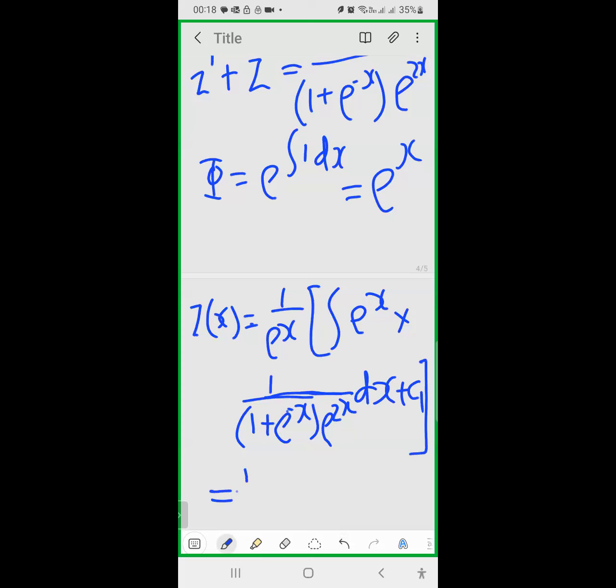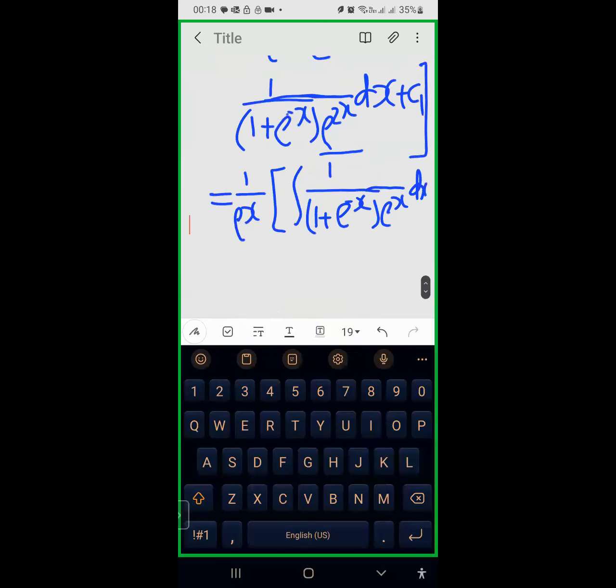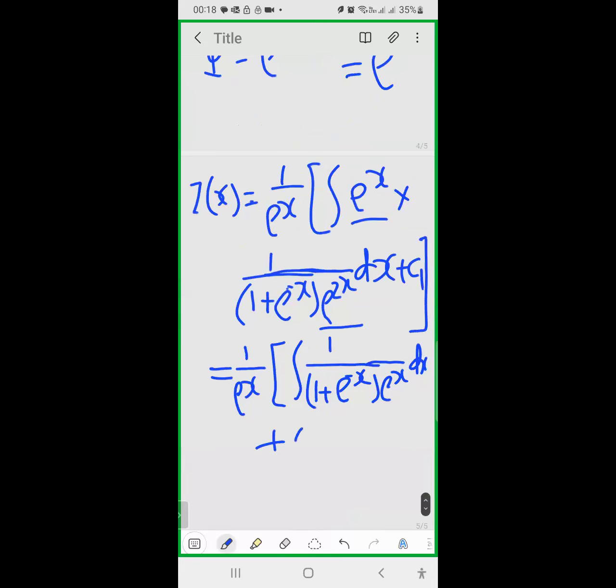1 over e to the power x into the integration of 1 over 1 plus e to the power minus x. And then we can notice that when we multiply e to the power x by 1 over e to the power 2x, we are left with 1 over e to the power x, and then dx, and this is added to the constant C1.